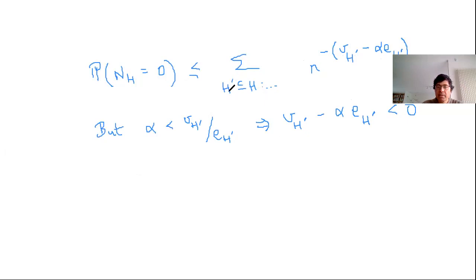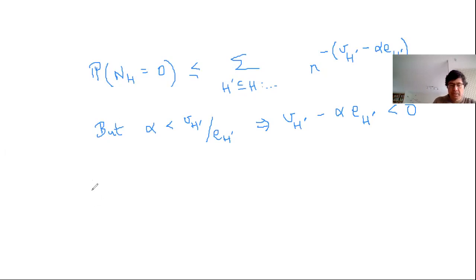The number of terms in the sum could be large, but it's some fixed constant. It doesn't grow with n, right? It could be 100, it could be 10,000, but it's some fixed number which is not growing with n. And this thing here is tending to 0 as n tends to infinity. So even after summing, the whole thing tends to 0.